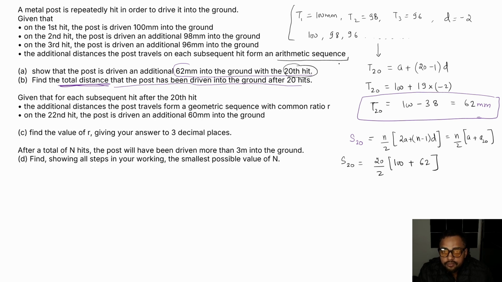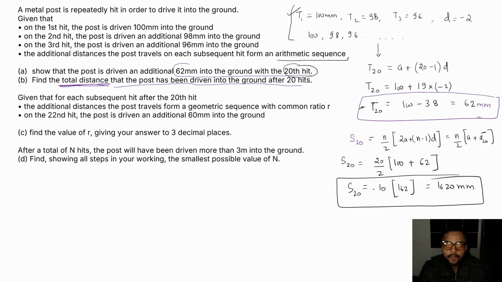This is the first term, and this is the 20th term. So don't get confused. We'll get 10 times 162, which equals 1620. So this is the total distance that the post has been driven after the 20th hit.